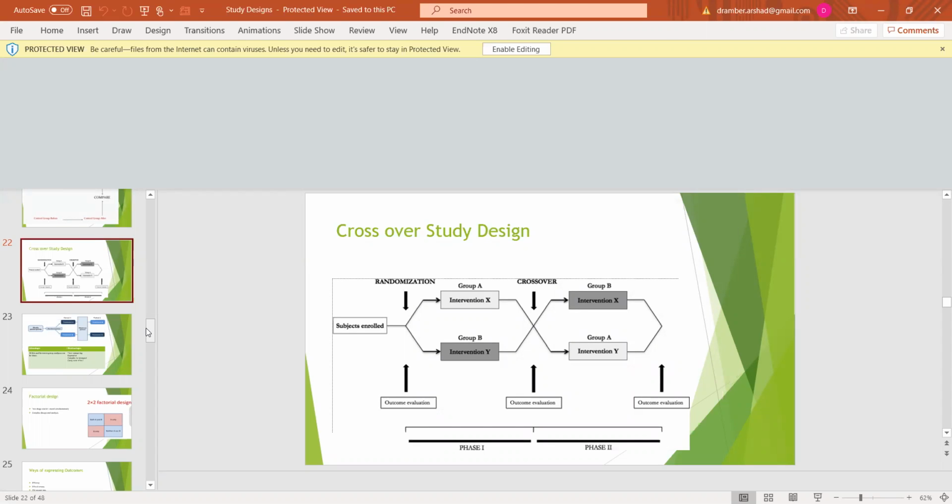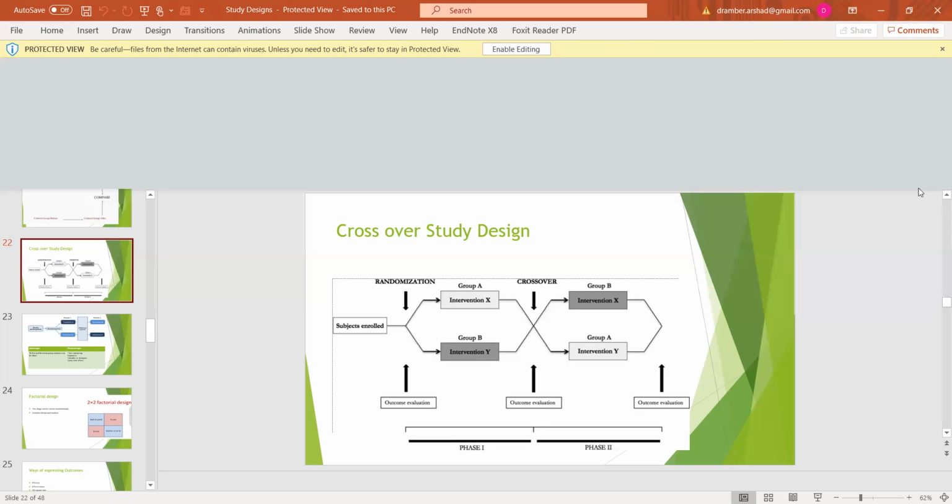Next clinical design is the crossover design. As shown in the figure, the study participants are enrolled, then randomization is done, and half of the participants are in group A and group B. And after the intervention, the outcome is measured, and then after a certain period, the study participants in group B receive the intervention ivermectin X, and group A then receive ivermectin Y. In this way, the crossover is done, so that all the participants receive both interventions with a gap.